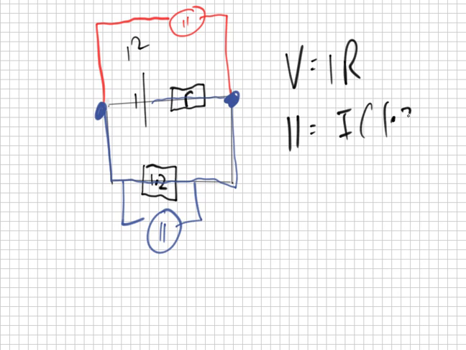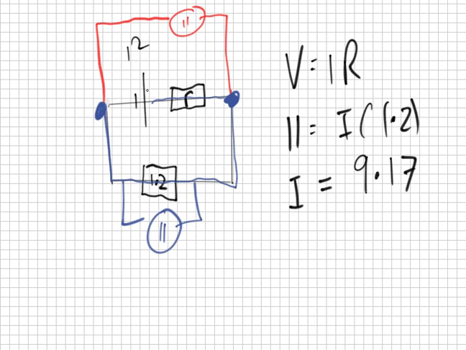Now, next one. The voltmeter reads 11. There's a voltmeter here, and the voltmeter reads 11. But please be very careful. The current is going this way around, clockwise.